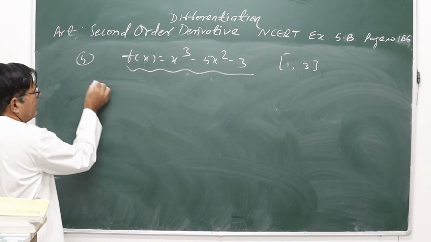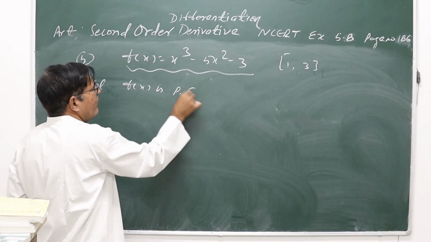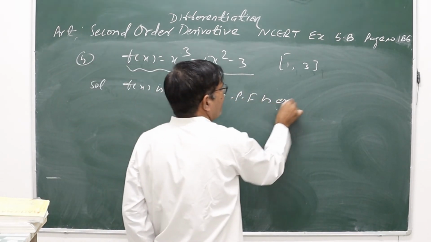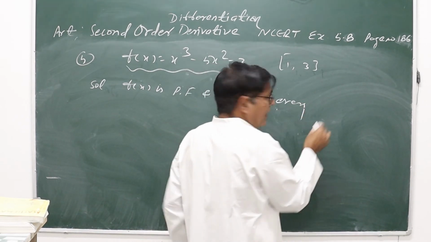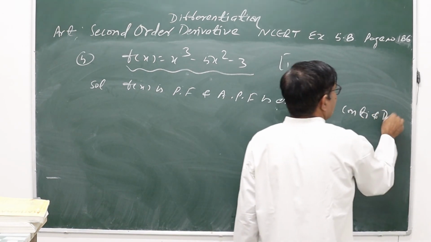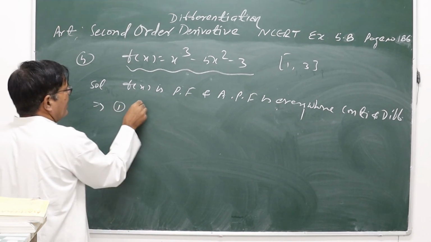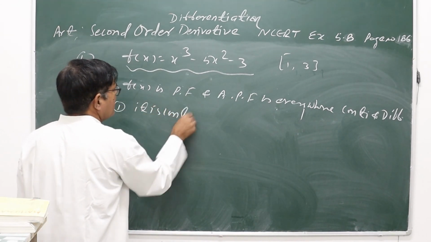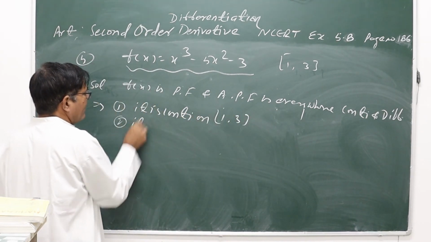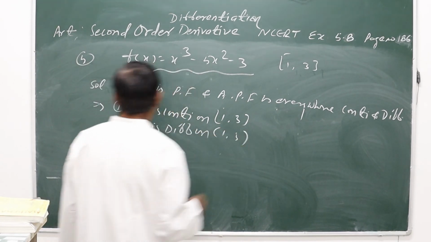So in the solution what will you write? f(x) is a polynomial function and a polynomial function is everywhere continuous and differentiable. This implies that number one, it is continuous on closed [1, 3]. Number two, it is differentiable on open (1, 3).